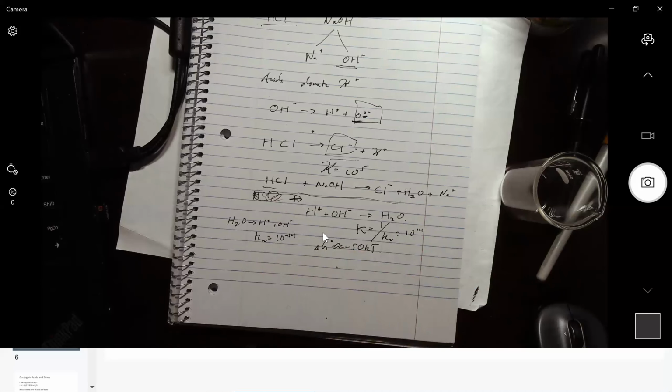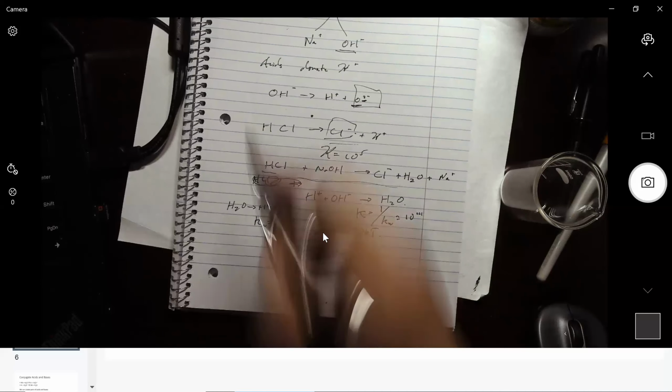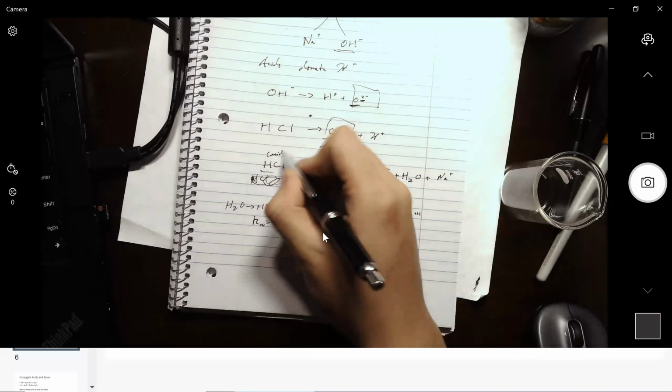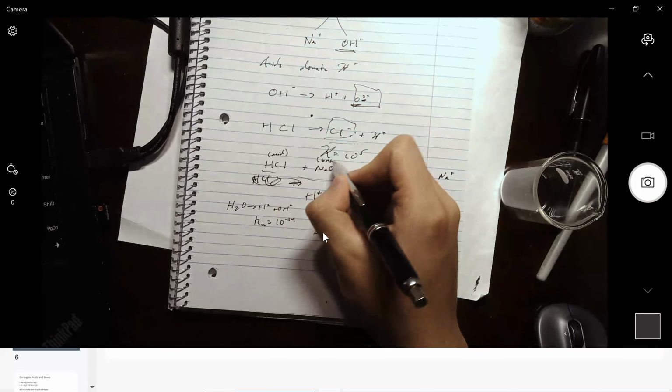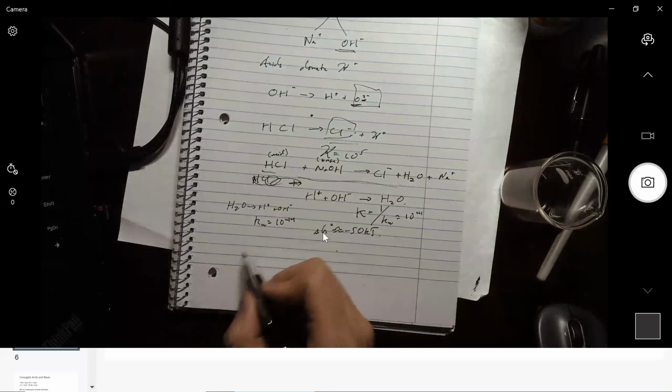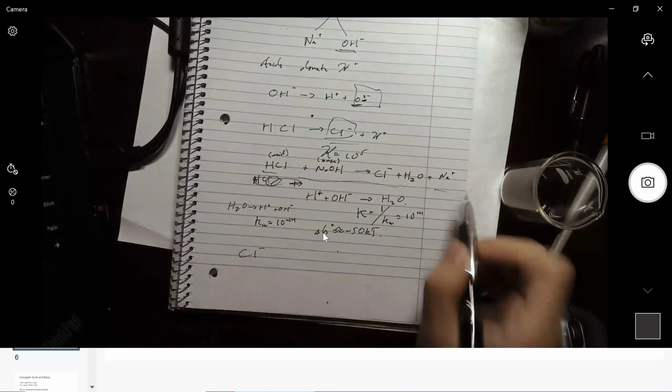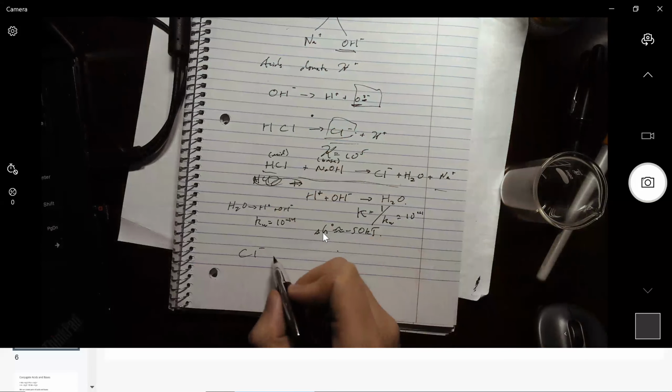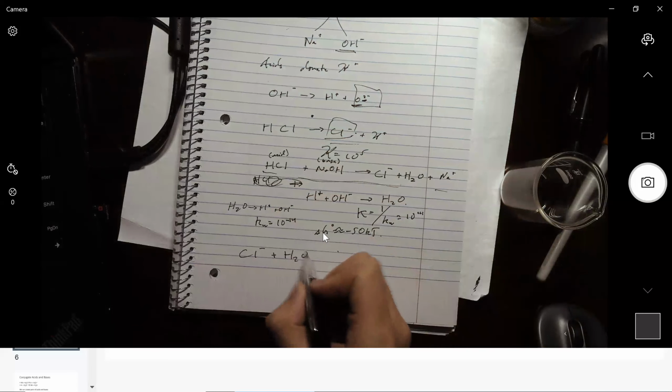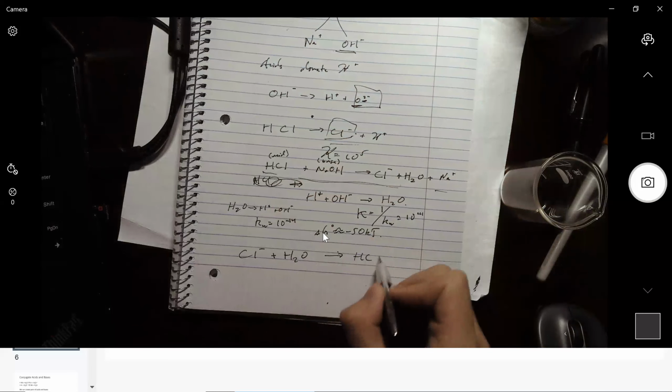Okay, so onto this. So we have acid here and base here. What about the reverse reaction? And we can leave out Na+ because it doesn't do anything. Cl- plus H2O goes to HCl. Right.